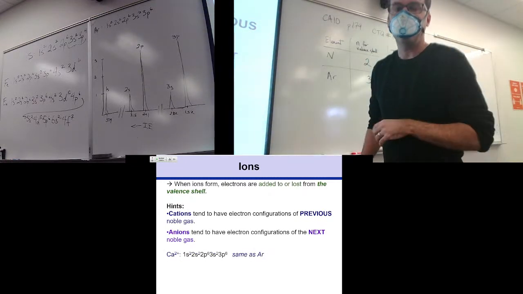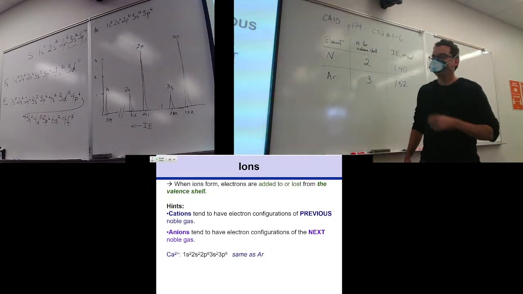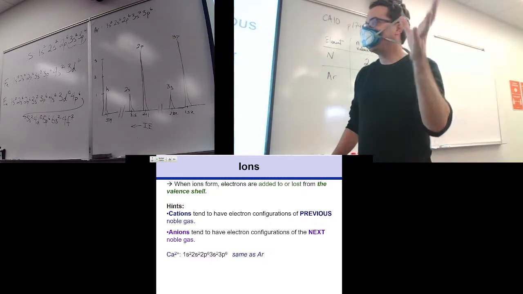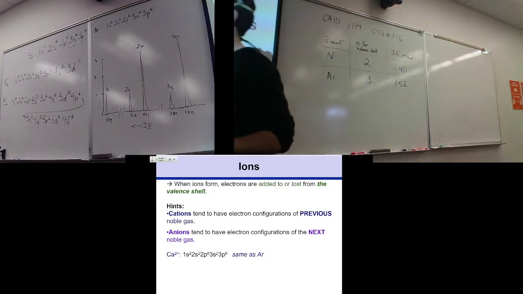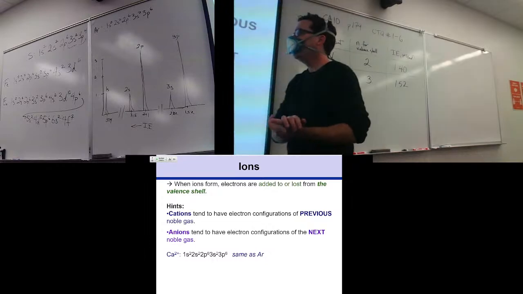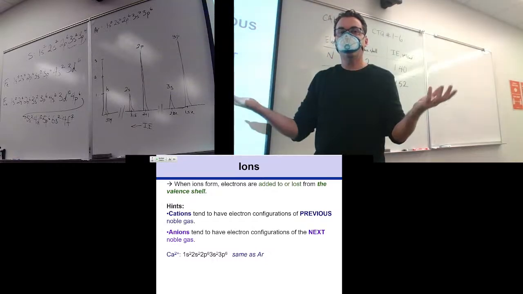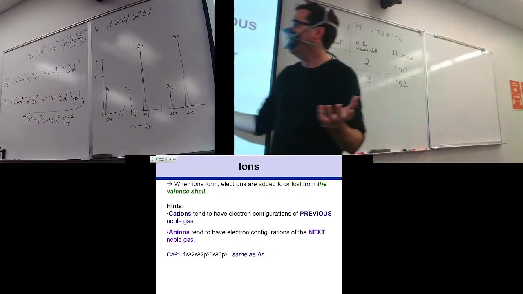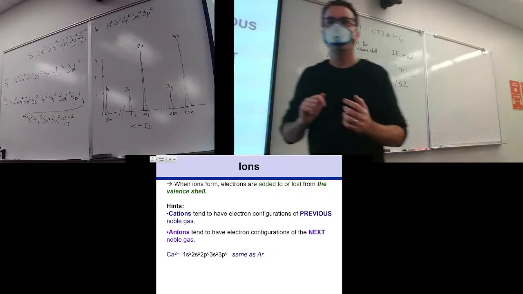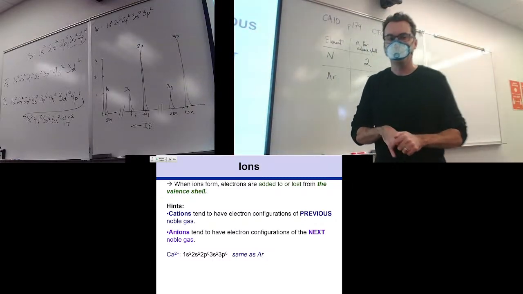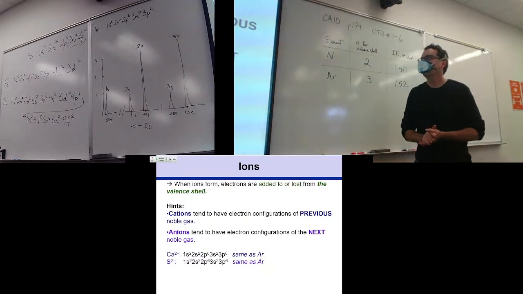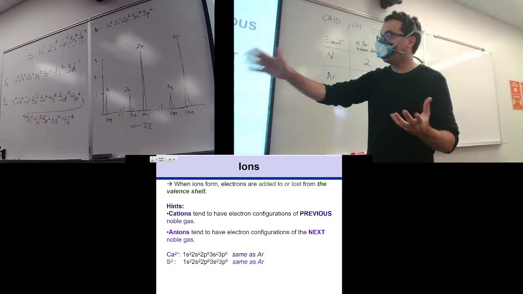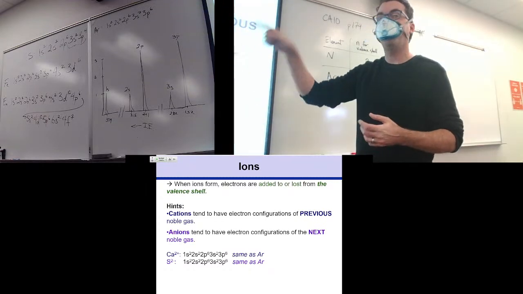So for instance, calcium 2+. Regular metallic calcium is this with a 4s2 added to it, right? There's 4s2 on the periodic table. But at calcium 2+, those 2 electrons are gone, and now it looks exactly like argon, the noble gas that comes right before it. Sulfur is normally 3s2, 3p4 at the end.